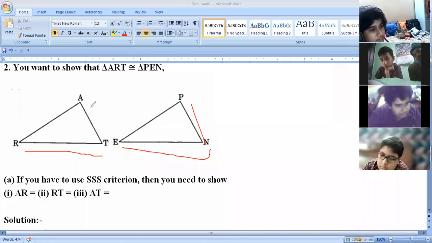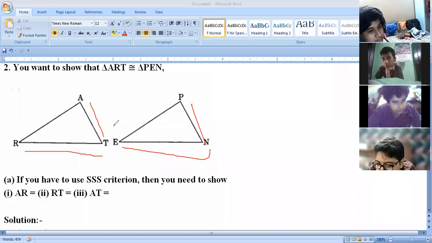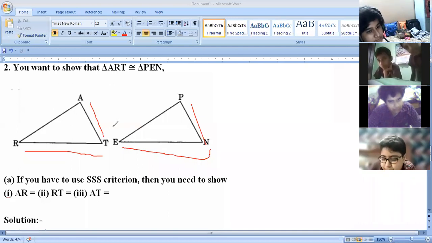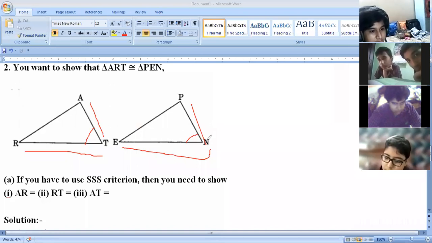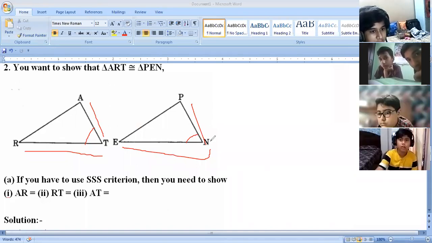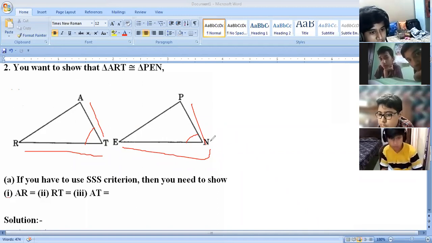Yes, PN will be equal to AT side and RT will be equal to EN. Correct. And we have to use the SAS property. So this angle T should be equivalent to angle N also. Then only we can use the side angle side property. So angle T should be equal to N, and it is given in the question also.